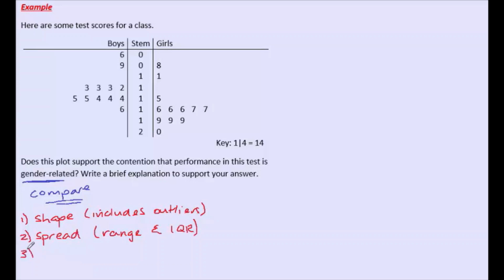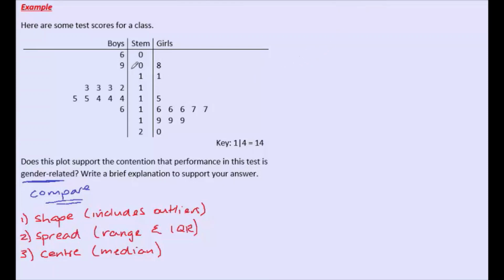And we look at the center, which we know now the median is always a good way to look at. So if we're going to answer this question, a really good way to answer it is to say: 1, shape looks like this; 2, spread looks like this; and 3, the center looks like this. So let's have a look at all of these things.